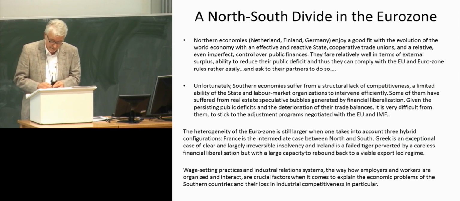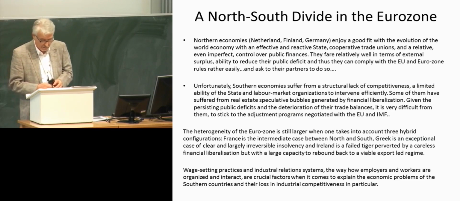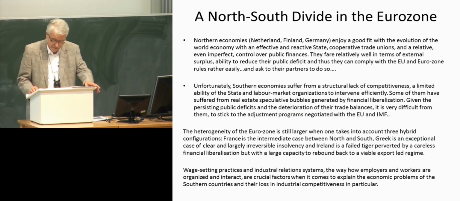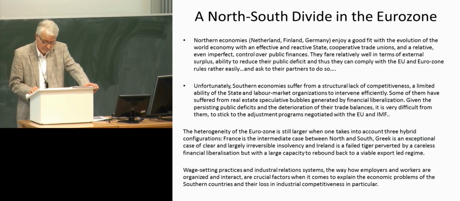They fare relatively well in terms of external surplus, the ability to reduce a public deficit, and thus they can comply with the EU and Eurozone rules rather easily and ask their partners to do so.